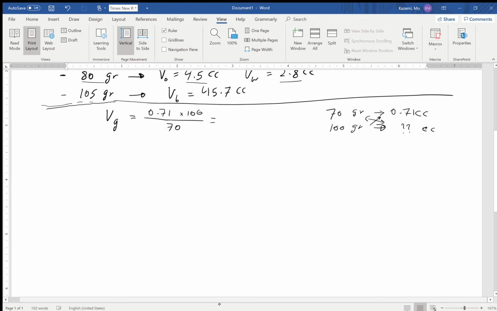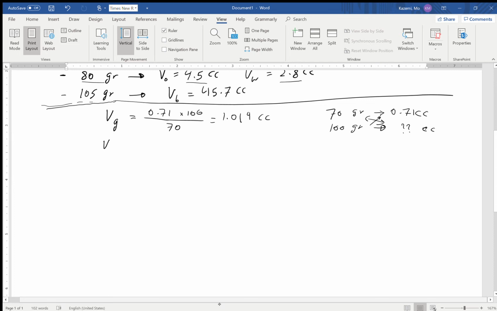That gives you 1.014 cc. Right? So if you have 100 grams of the sample, you will have 1.014 cc of the gas. If you have 70 grams of the sample, you have 0.71 cc of the gas. So the goal is to make all these consistent with the same amount of solid.